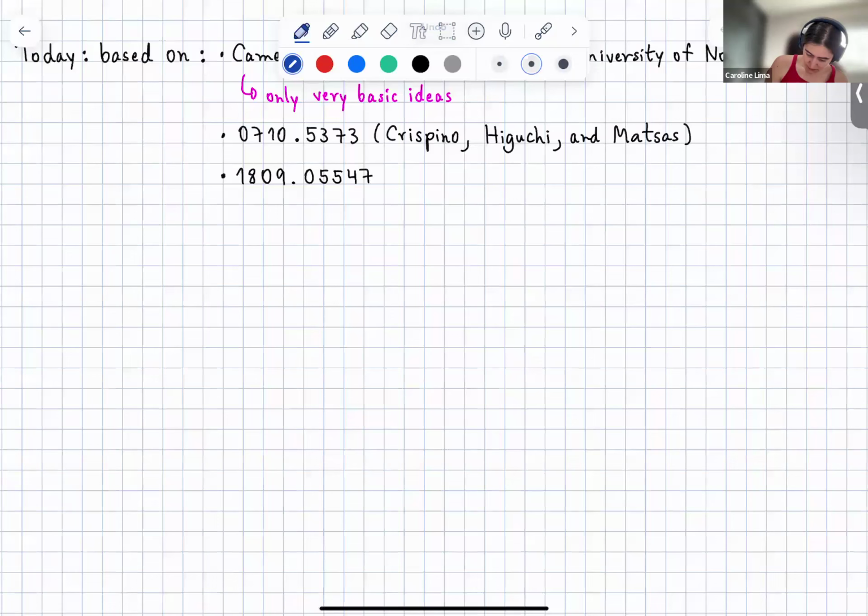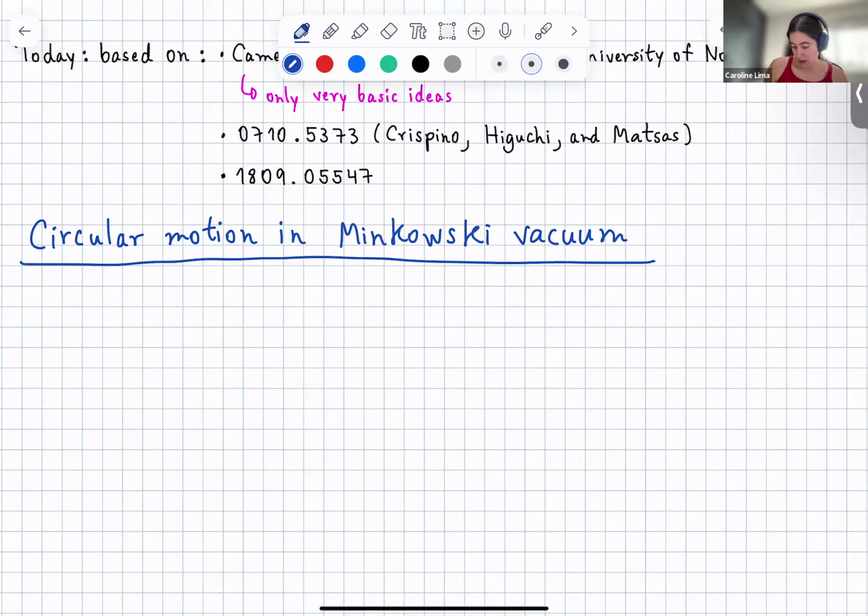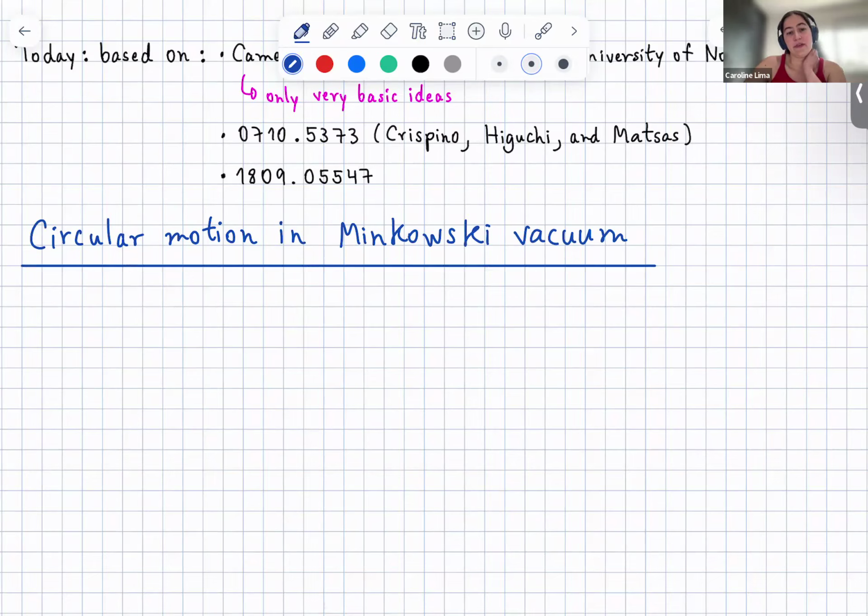Circular motion in Minkowski vacuum. Let's start off with a reminder that yesterday we had a very loose intro to the Unruh effect, right?